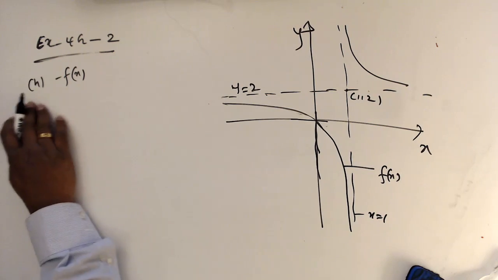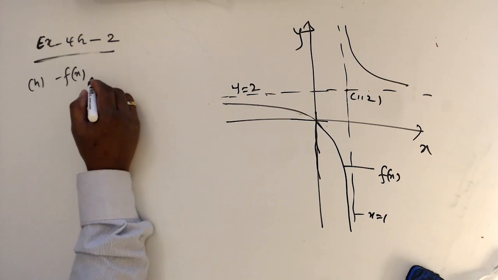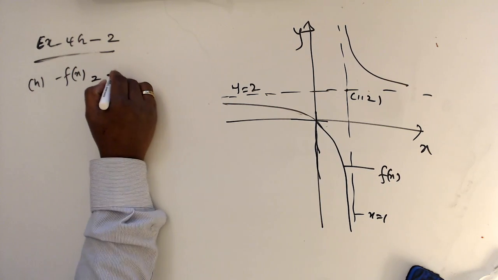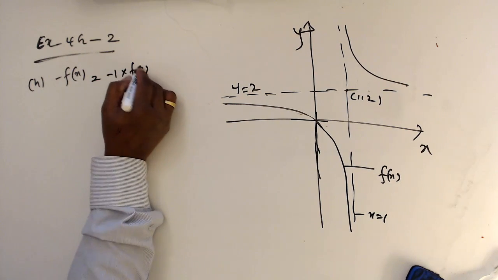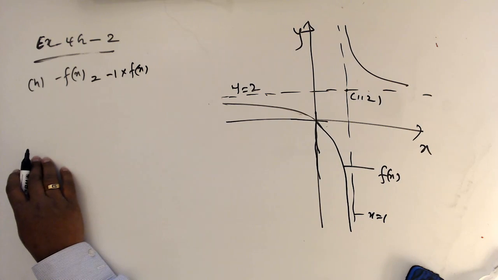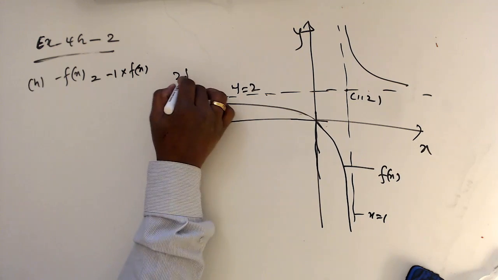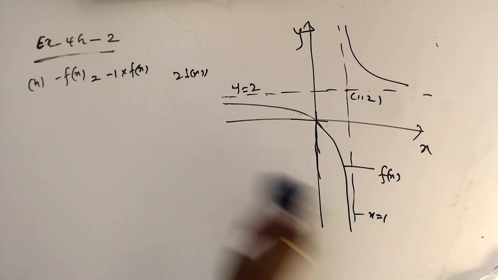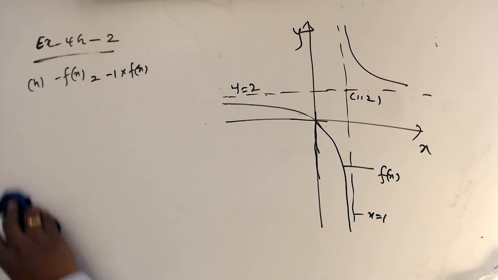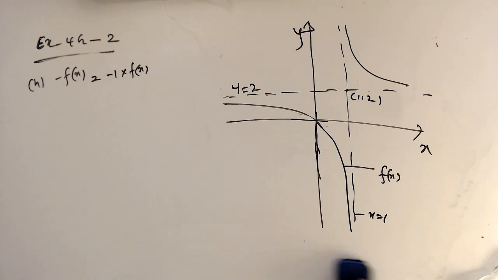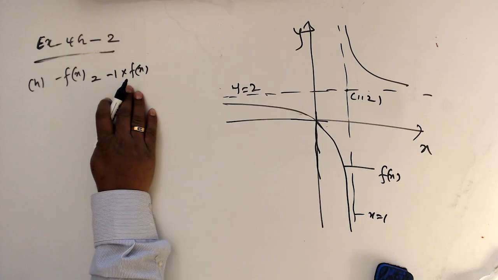Now let's discuss h. Also I can write minus 1 times f(x), like 2f(x), minus 1 times f(x). It means this will affect not the x values but y values.